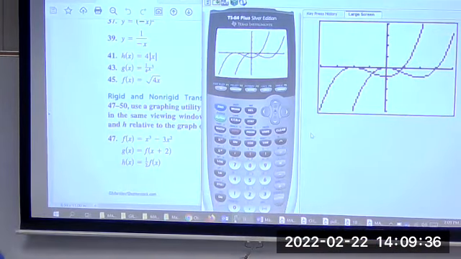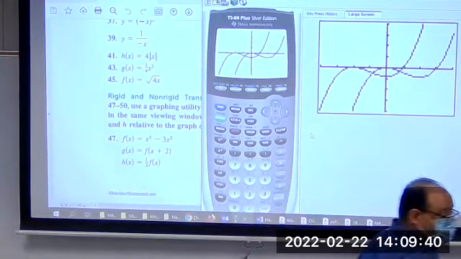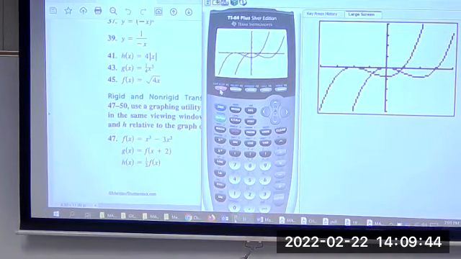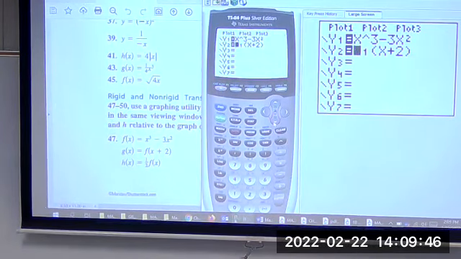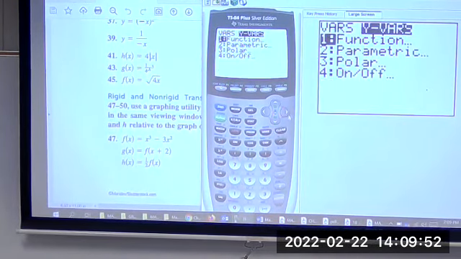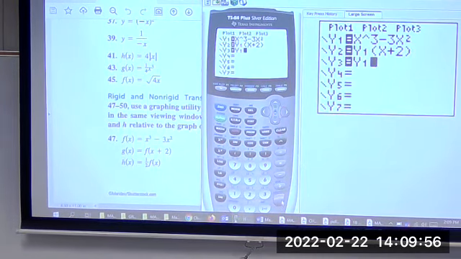Now to graph 1/2 the original, you could just put 1/2 in front of y sub 1. So for my new third equation, I go VARS, Y-VARS, function, and the first one, and my bad again, I need to insert 1/2.